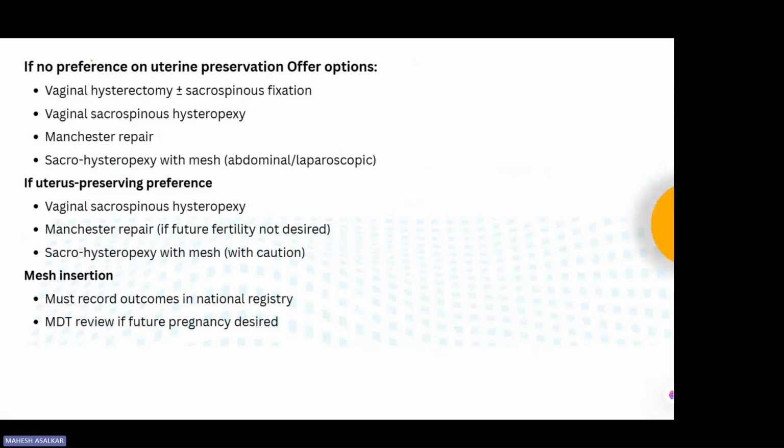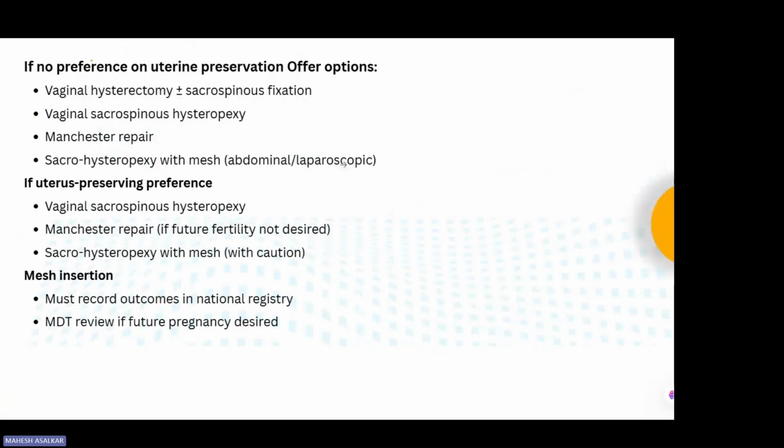Or other options such as vaginal sacrospinous hysteropexy, Manchester repair, and sacrohysteropexy with mesh, either abdominal or laparoscopic. So if the patient does not want uterine preservation, then we have all these options. So it is not a preference whether the uterus is preserved or not. Then vaginal hysterectomy plus or minus sacrospinous fixation, vaginal sacrospinous hysteropexy, Manchester repair, and sacrohysteropexy with mesh.